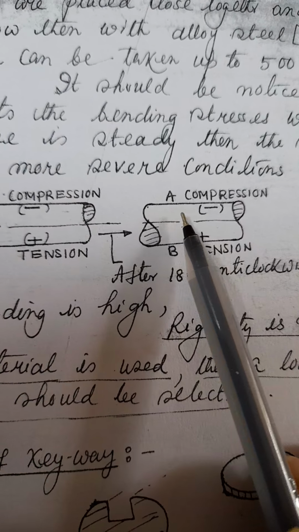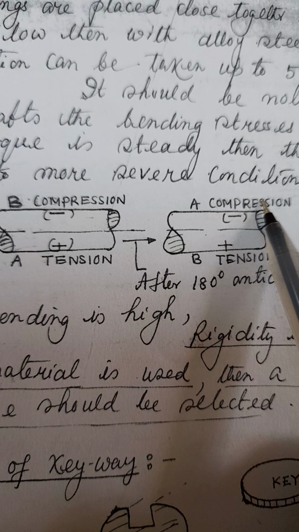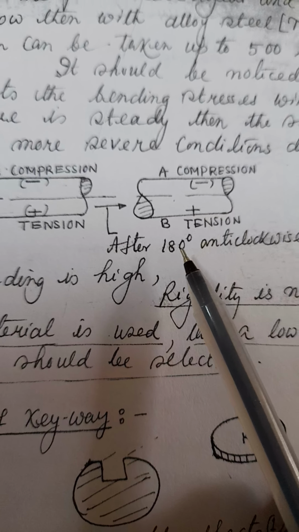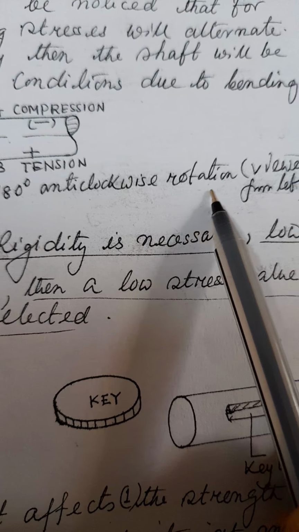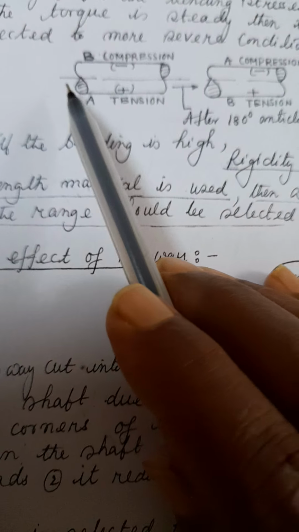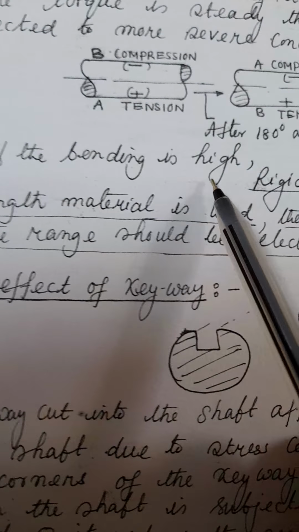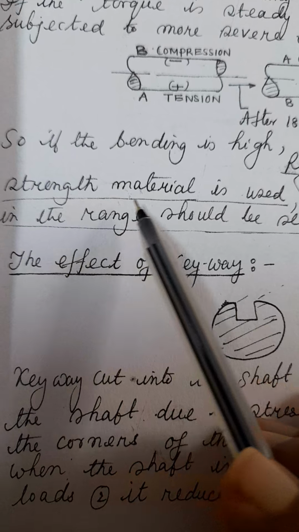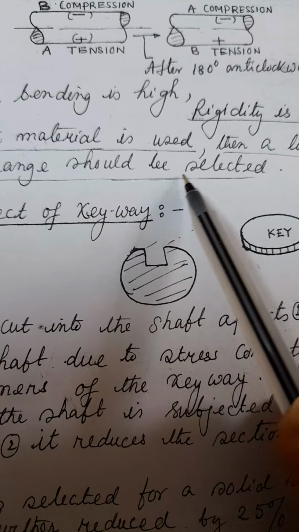After 180-degree rotation, A comes here, so A will be compression and B will be tension. So the stresses are just changing between compressive stress and tensile stress, after 180-degree anti-clockwise rotation viewed from the left. So if the bending is high, rigidity is necessary, or low strain material is used, then a low stress value in the range should be selected.